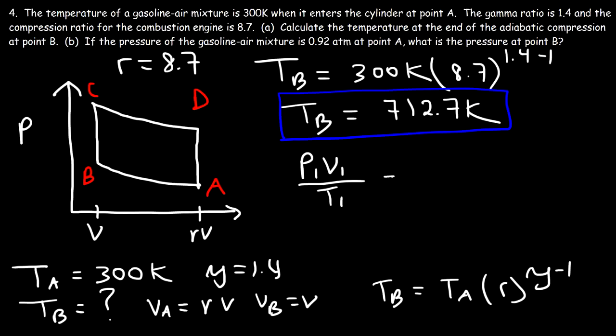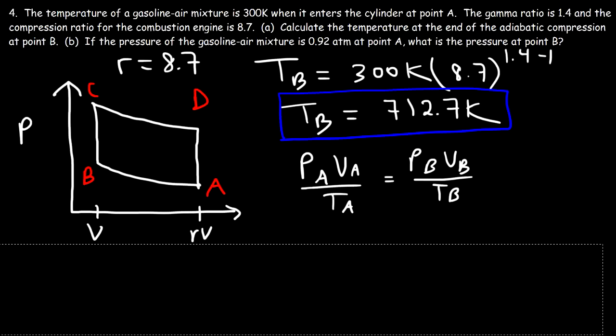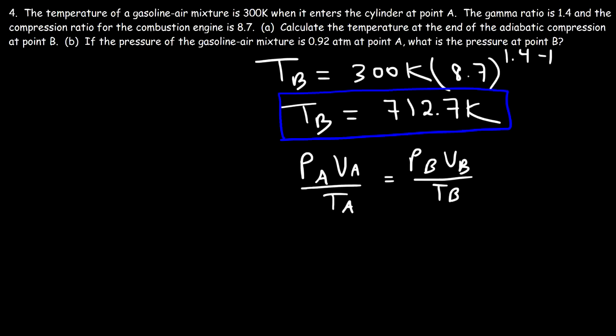P1V1 over T1 is equal to P2V2 over T2. So in this case, we can replace 1 with A, 2 with B. So we can say it's PA VA over TA is equal to PB VB over TB. Now let's make some space. So now let's cross multiply.